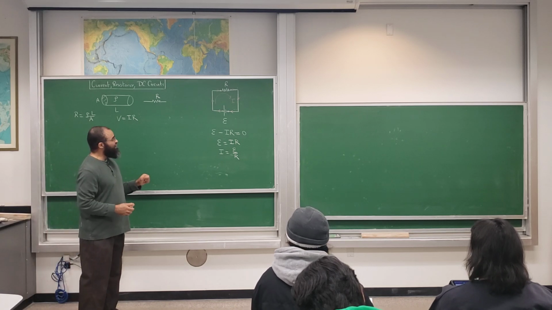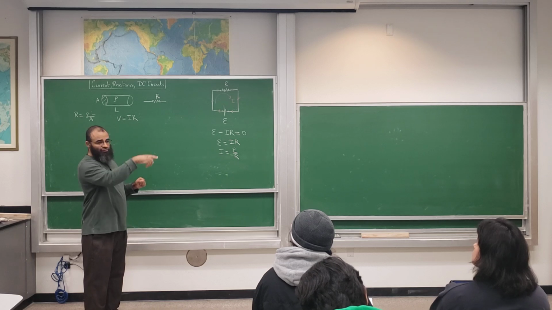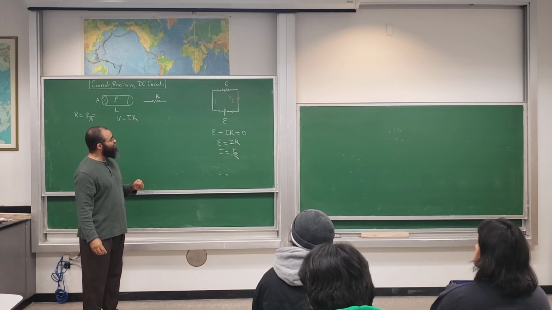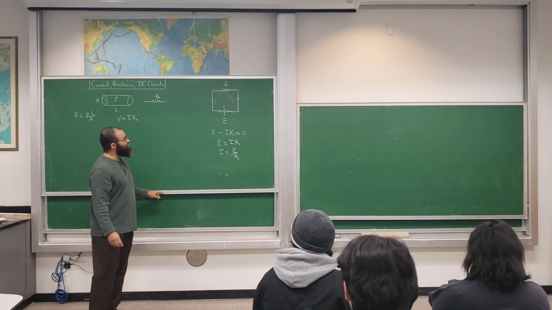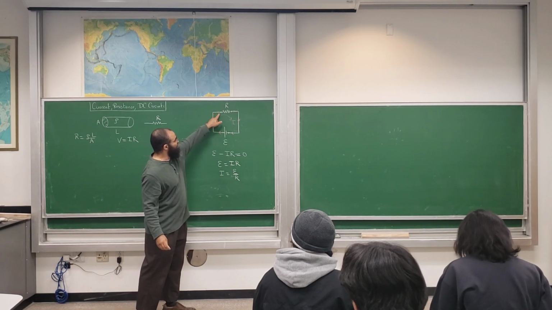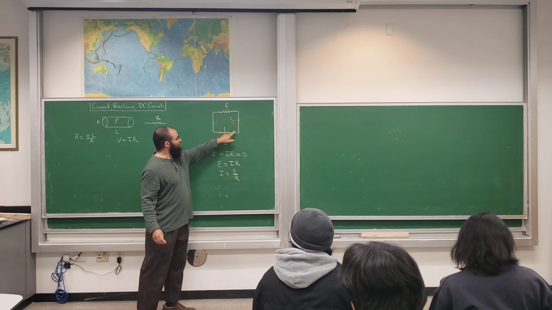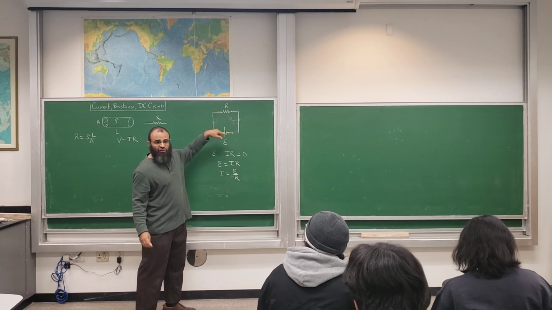Okay, so that's that. Next, how much work is the battery doing to drive the current? The battery pushes positive charges, they go through the resistor, they come back here, so the battery has to push the positive charge from the minus terminal to the positive terminal, and then it goes again.